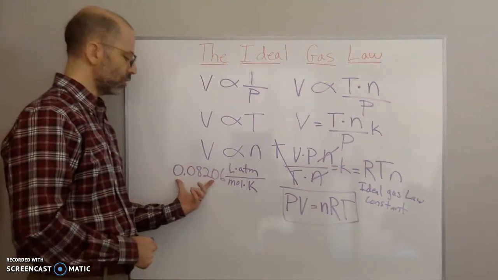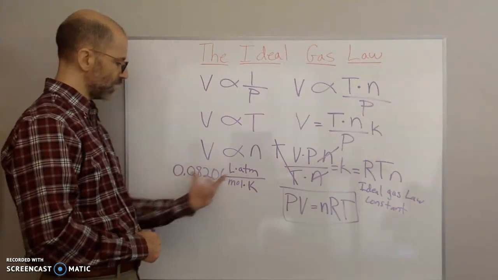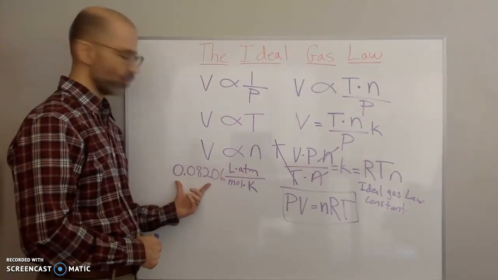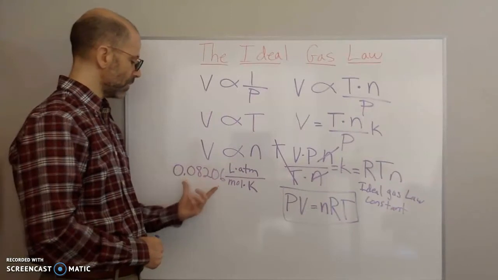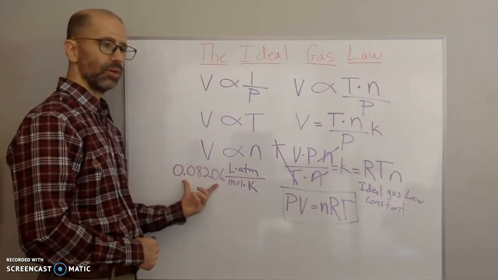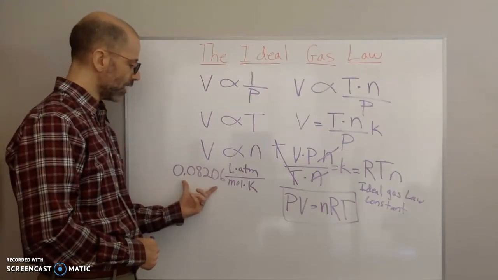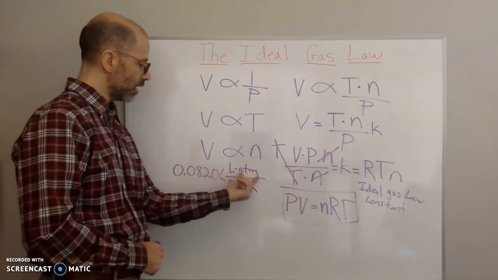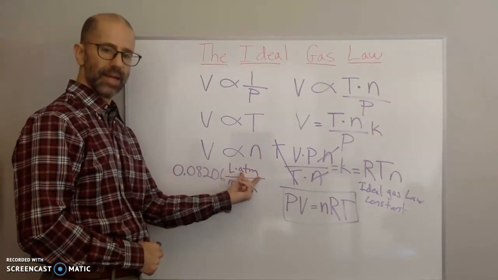Now, this number only goes with these units. If you change the units, then the number is going to change as well. Sometimes you might run into the ideal gas law with a different number, like maybe 8.143 or something like that. The reason for that is because atmospheres are changed into kilopascals.